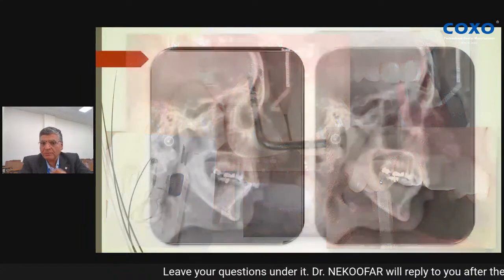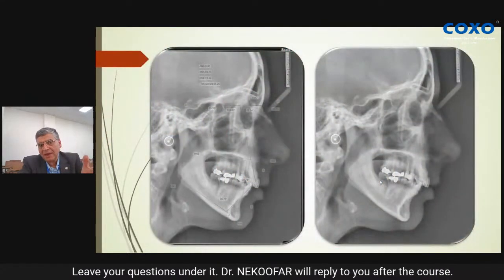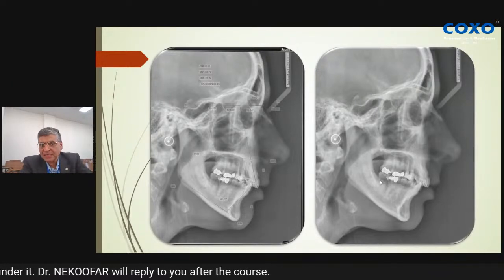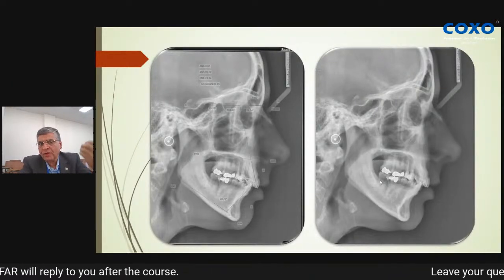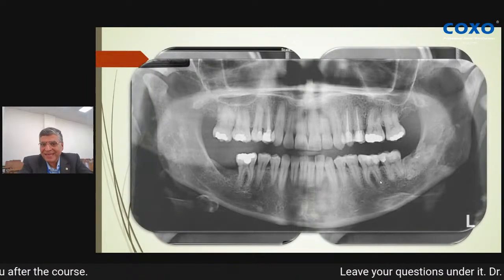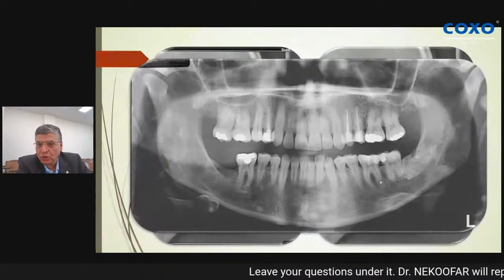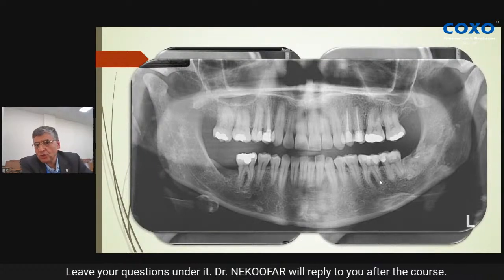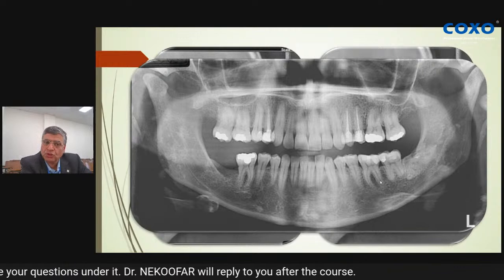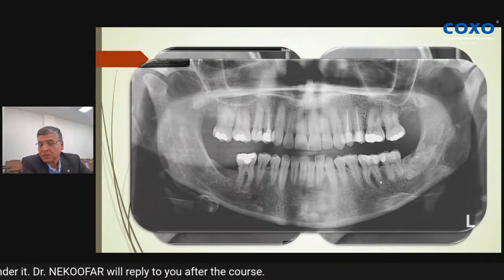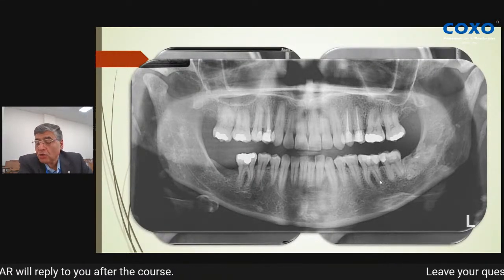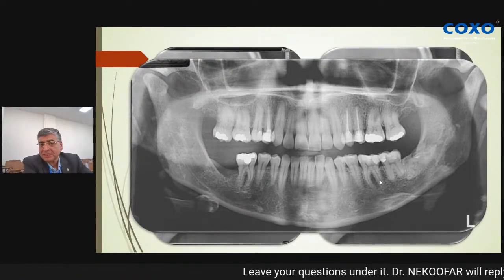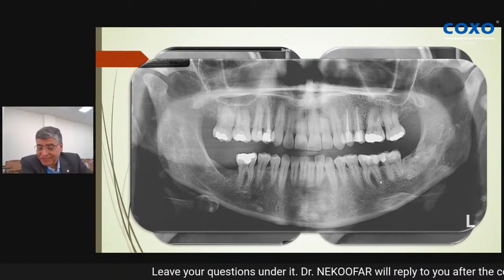Because sometimes when we evaluate everything prior to orthodontic treatment, we are still in danger of consequences. And we need to evaluate, especially if the tooth has some sort of previous trauma. We need to evaluate everything. We need to make sure that the technical quality of the previous root canal treatment is good. Because if the technical quality is not good, we need to do retreatment.